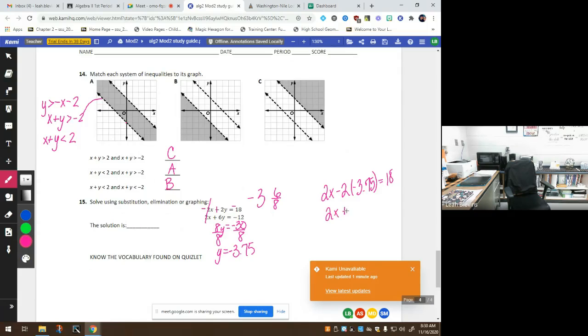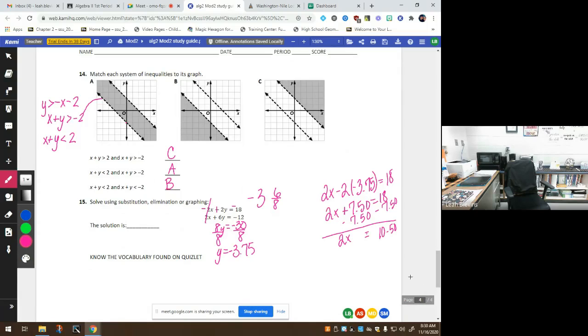So 2x plus $7.50 equals 18. Minus $7.50 from both sides. That gives me $10.50. If I cut $10.50 in half, that'd be $5.25, right? So x equals $5.25.